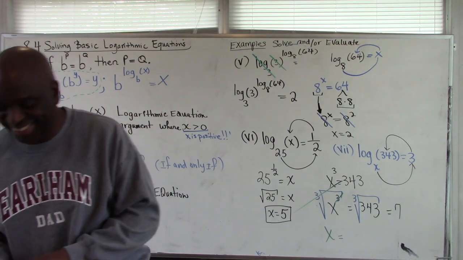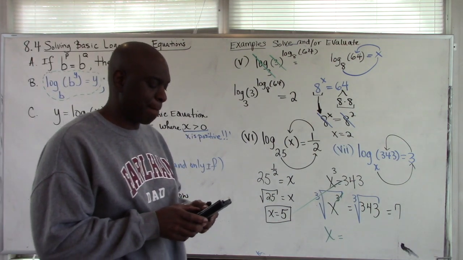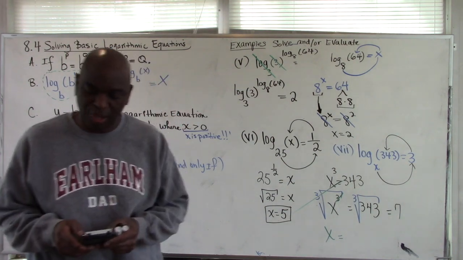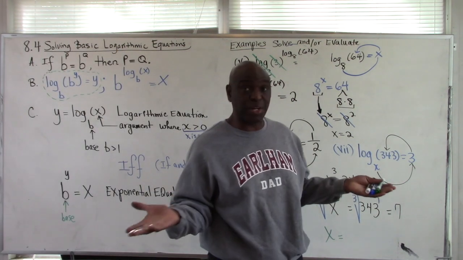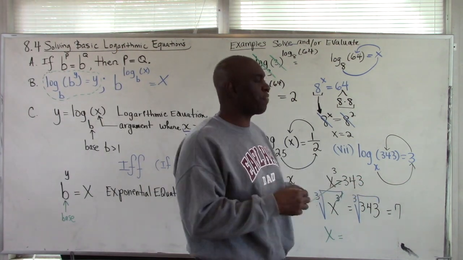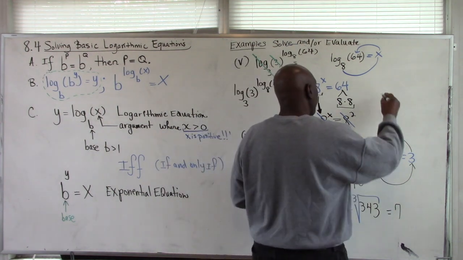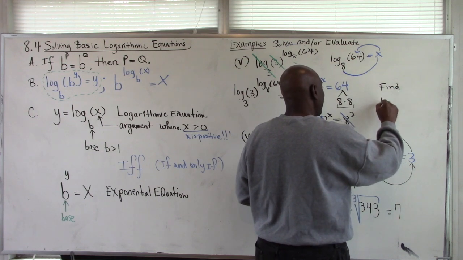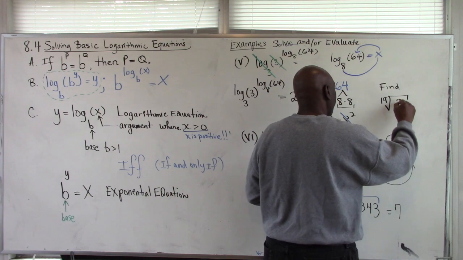Let me show you something else. It's pretty cool. Since I'm already right here, I might as well show you. What if I tell you to find the 19th root of 3?